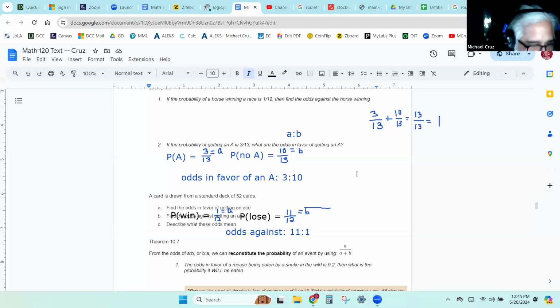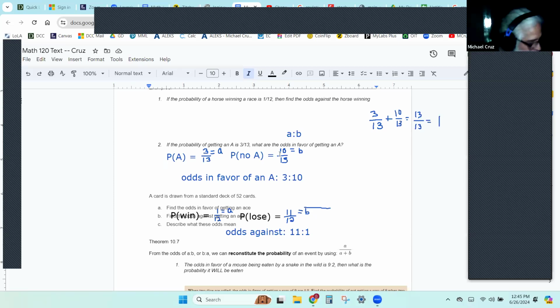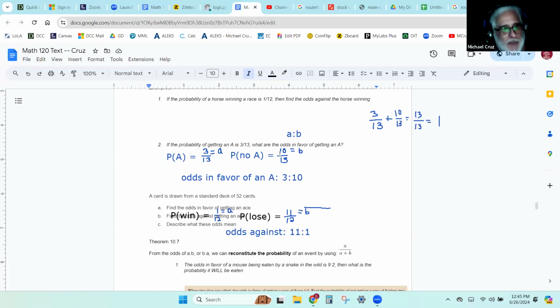But my idea on why odds against is what's used in gambling is because if you've got that big number, 11 to 1, it just sounds nicer than 1 to 11. Sounds like you've got a better shot. But anyway, there's nothing to them. The odds in favor and odds against are just turned around, mirror images.